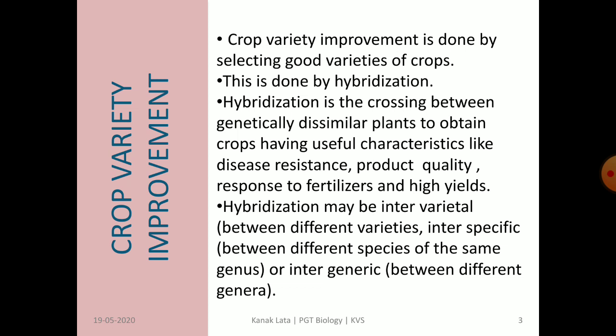Hybridization may be done between different varieties, and this is called intervarietal hybridization, between different species of the same genus, that is called interspecific hybridization, or it can also be done between two different genera, that is called intergenic hybridization.